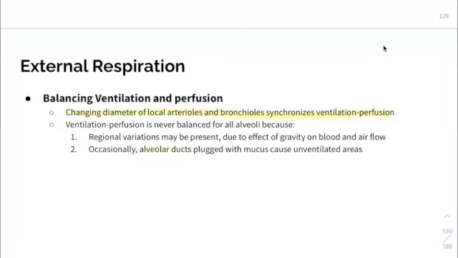Sometimes our alveolar ducts get plugged with mucus. And when that happens, we're not getting oxygen to that area. So if we're not getting oxygen to that area, it's going to constrict those blood vessels. It's going to send blood somewhere else, to another set of alveoli, to get the oxygen that they need.